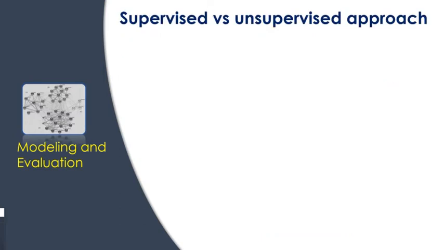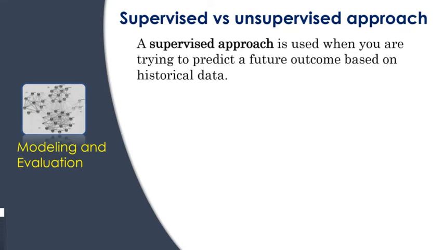Then there are two approaches in data modeling and evaluation. The first one is supervised, and the second one is unsupervised. In the supervised approach, we always have some questions in our mind, and we are trying to predict some future outcomes based on historical data.